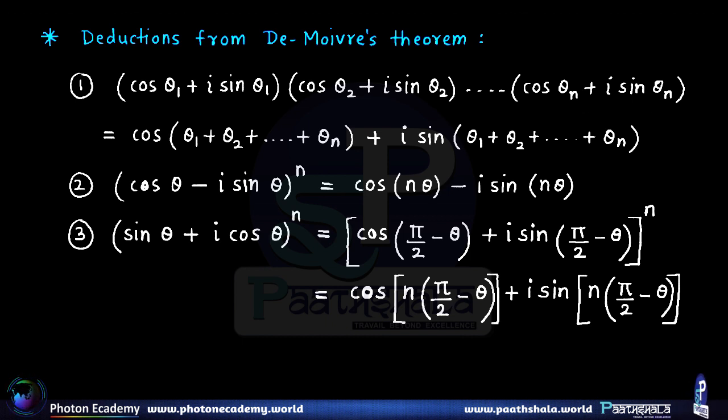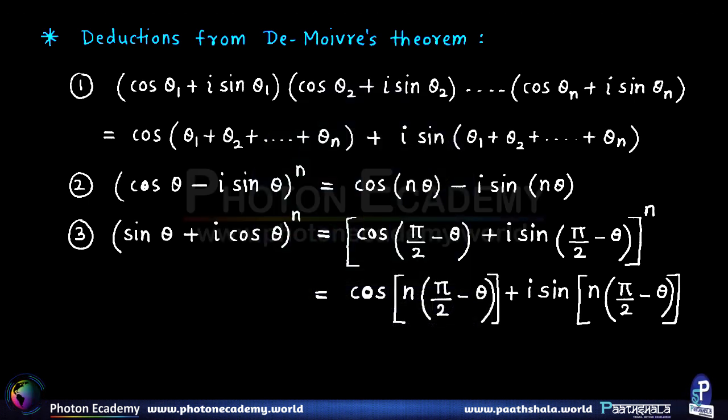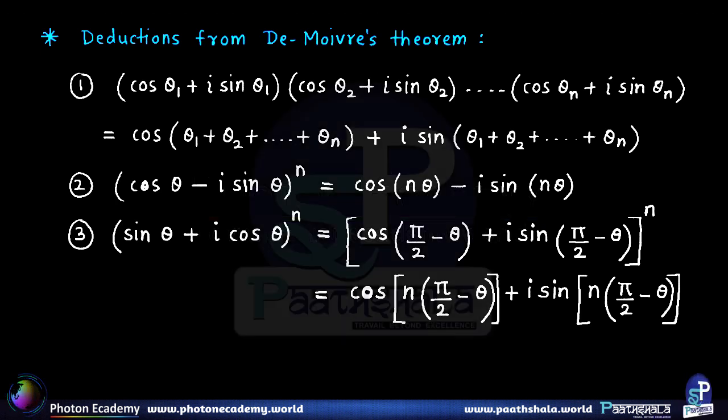So if we do the multiplication of all these numbers, in the final answer we have the argument as nothing but the sum of all the individual arguments, that is theta 1 plus theta 2 up to theta n. So therefore we have the result as cos of (theta 1 plus theta 2 plus up to theta n) plus i sin of (theta 1 plus theta 2 up to theta n).